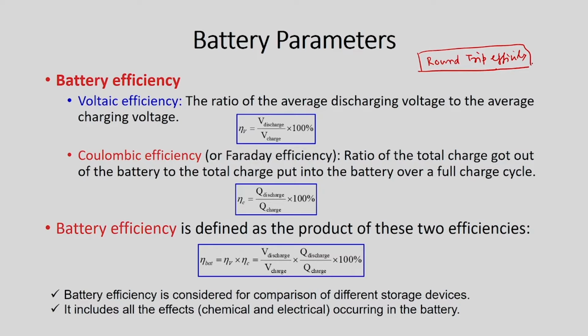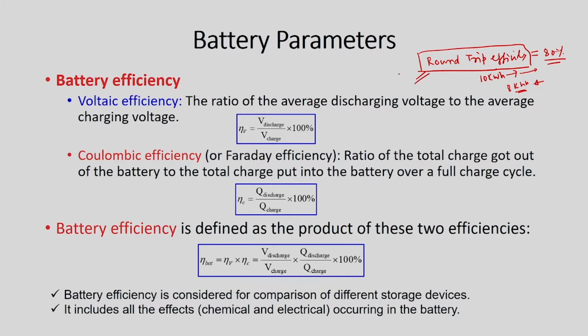Suppose, for example, we are pumping 10 kilowatt hour of energy in a charging process, and 8 kilowatt hour of energy we are retrieving in the discharge process. Then what will be the round trip efficiency? It will be 80%. So, 8 by 10 will be 80%.